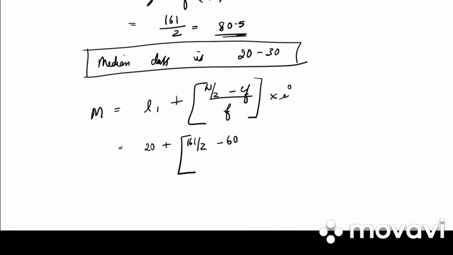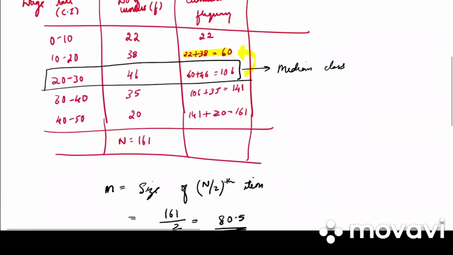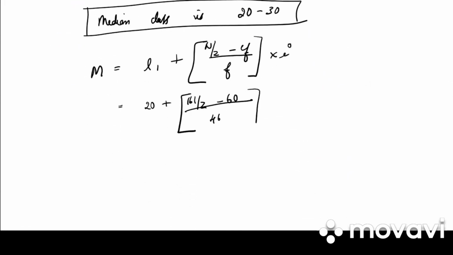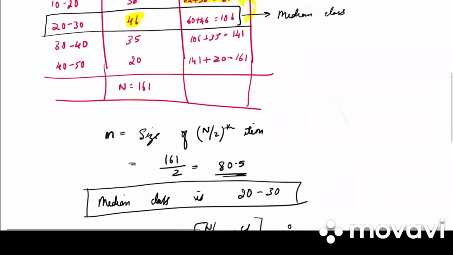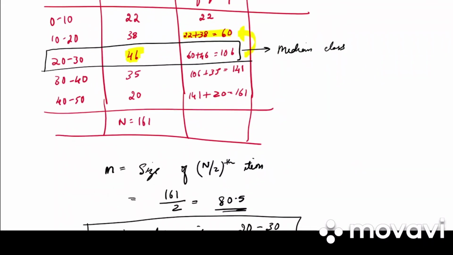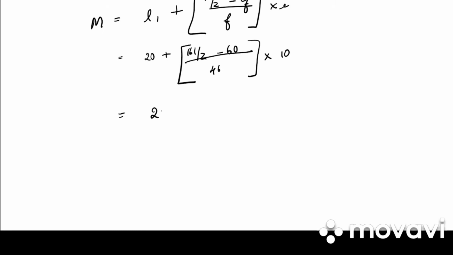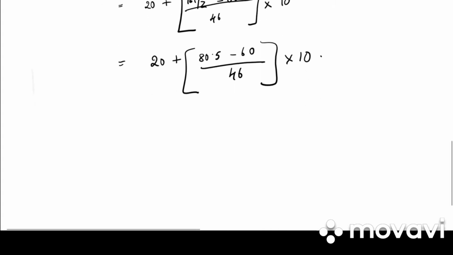So minus 60. What is frequency? Frequency is whatever is the frequency of the median class, that will be f. So it is 46. And what is I? It is the width of the class interval of the median class. What is its width? 20 to 30, it was 10. So into 10. So 20 plus 80.5 minus 60 divided by 46 into 10.